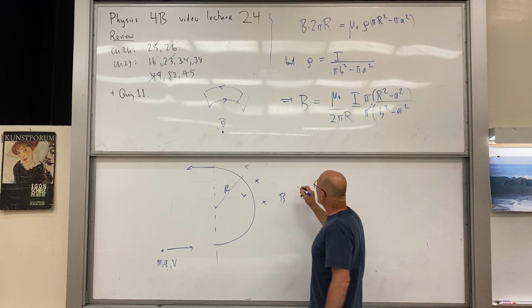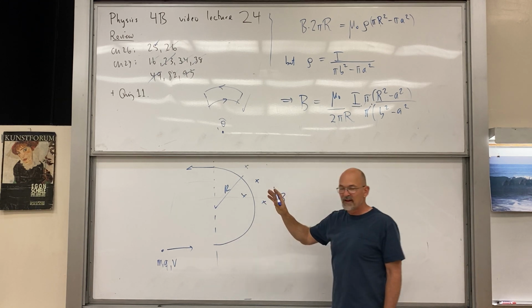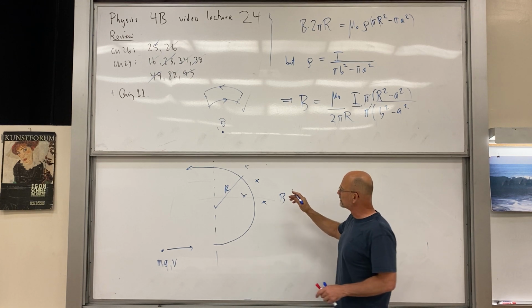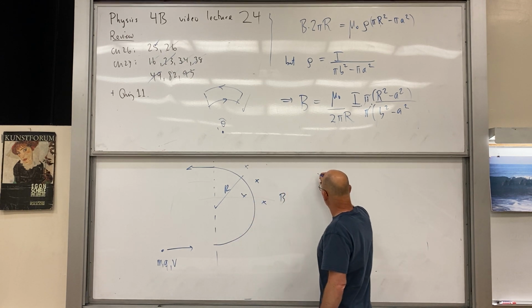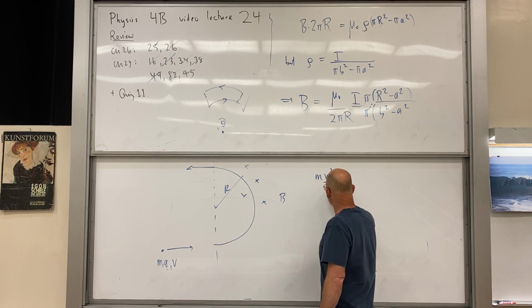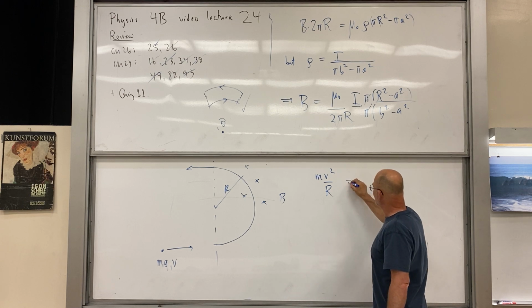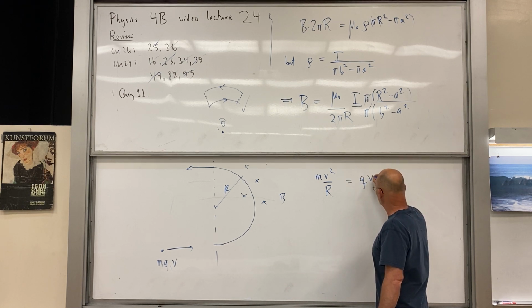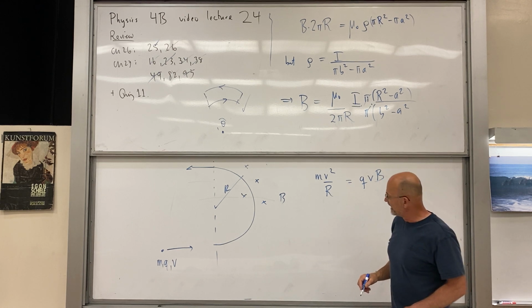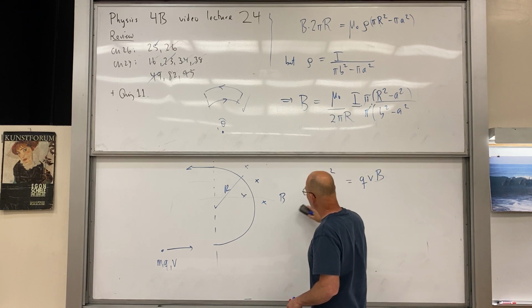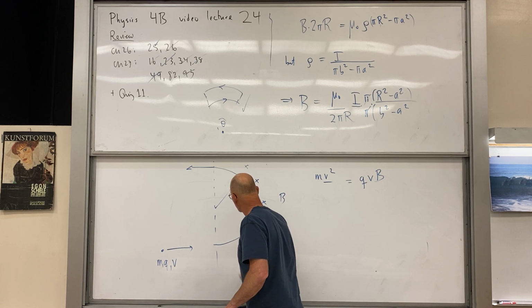So what we have there, similar to problems we just had, is a centripetal force, and so mv squared over radius is equal to qvB. So what we're going to solve for is the radius. I see I have lowercase r on my picture, so we'll go lowercase r.